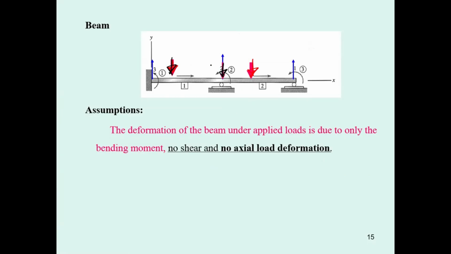And also sometimes it is subjected to a moment at the nodes. Whenever you have the moment applied directly at the node and the force applied directly at the node, you can use this immediately. However, when the beam is subjected to loading between the nodes, you have to determine the fixed end moment and fixed end shear.